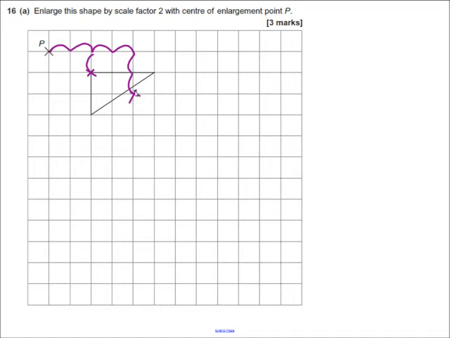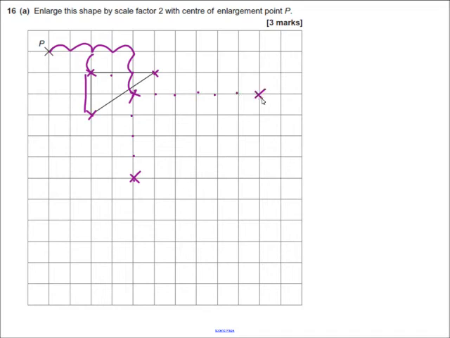Then all we need to do is construct the triangle from our reference point. So our original goes 2 squares down, so we go 4 squares down because it's a scale factor of 2. So from our reference, 1, 2, 3, 4. So this corner enlarges to this corner over here. And then finally, the top of the triangle, 1, 2, 3 along, becomes from our reference point, 1, 2, 3, 4, 5, 6 along.